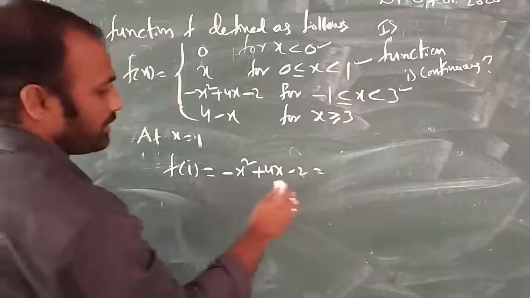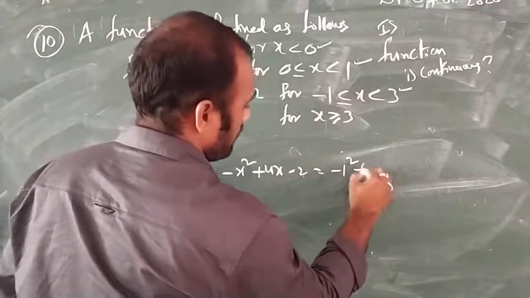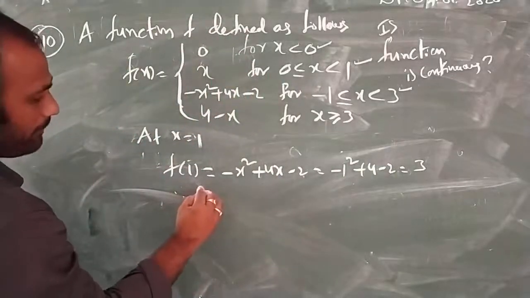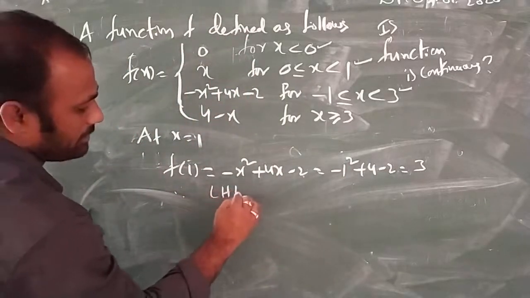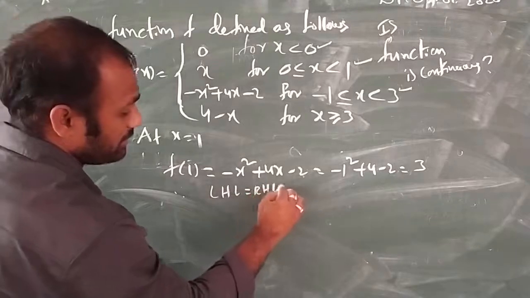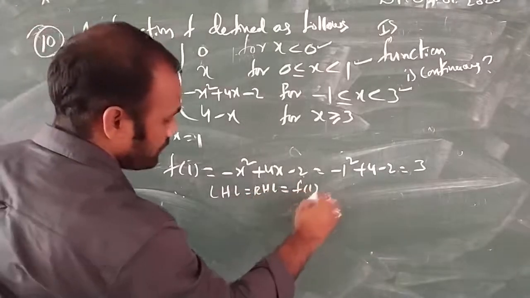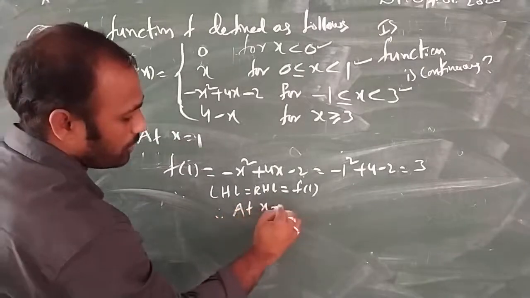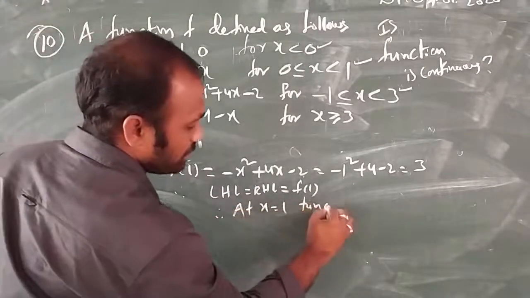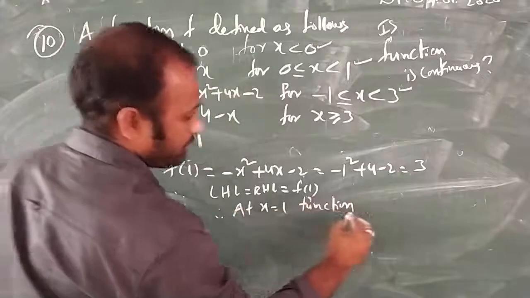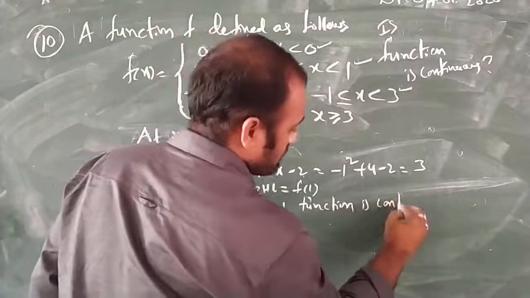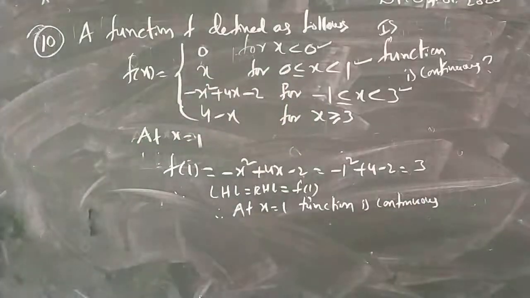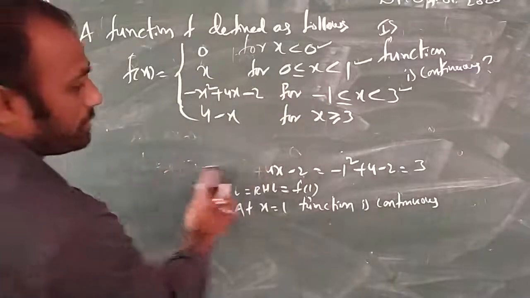If I substitute 1, it will be minus 1 square plus 4 minus 2 which is 1. Therefore, the left hand limit is equal to the right hand limit is equal to the functional value, which is 1. Therefore, at x is equal to 1, the function is continuous.